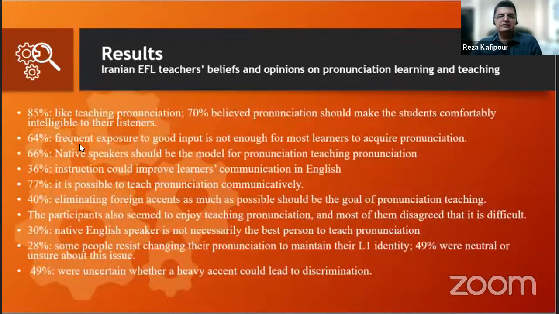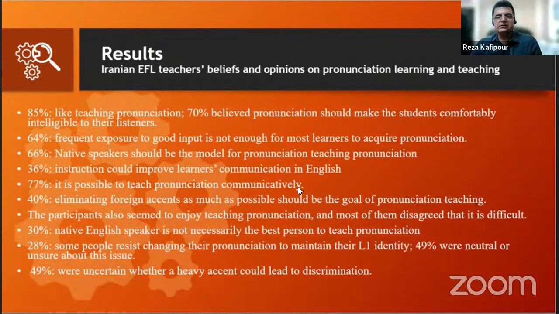64% believe frequent exposure to good input is not enough for most learners to acquire pronunciation. 66% believe that native speakers should be the model for pronunciation teaching, and 36% believe that instruction could improve learners' communication in English. 77% reported that it is possible to teach pronunciation communicatively.